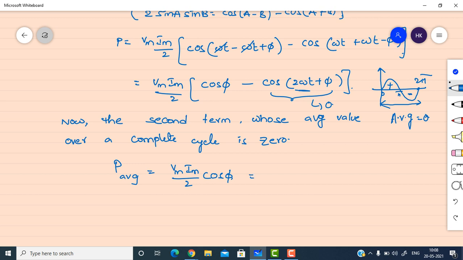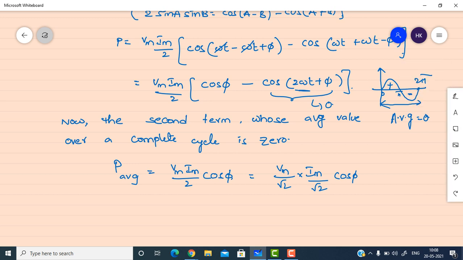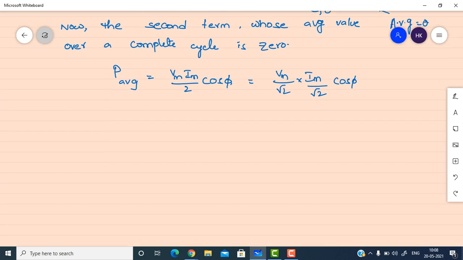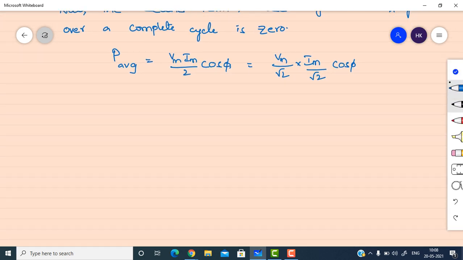So we can write this as Vm by root 2. This 2 I am writing as root 2 into root 2. Vm by root 2 into Im by root 2 cos φ. What is maximum value by root 2? Maximum value by root 2 is the formula for what? RMS value.